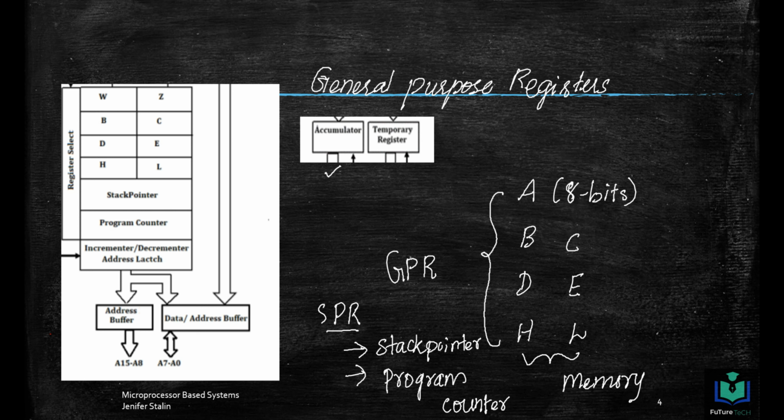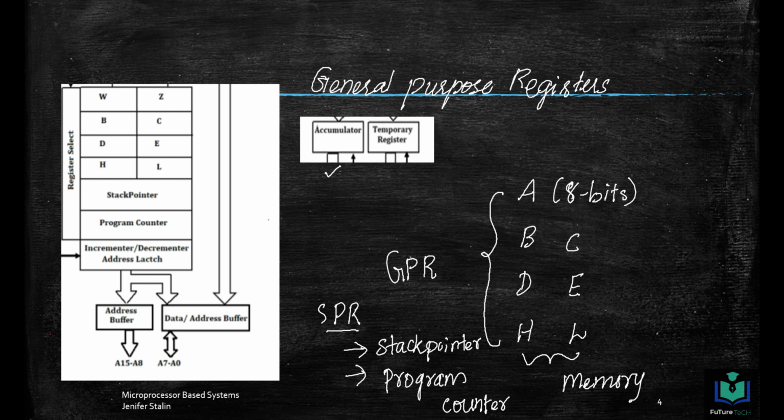So these are some of the general purpose registers, and stack pointer and program counter are called special purpose registers. Each register has the capacity to store 16 bits of information.